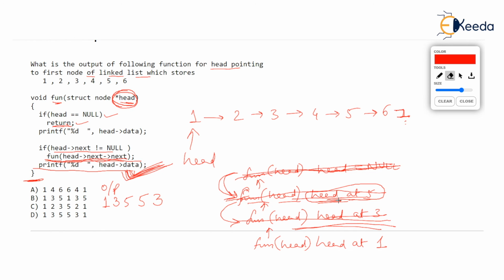And obviously the function that will resume will be fun head with head at 1. Obviously it will resume with the last printf, print 1, and then end. So the parameter head which was meant for 1 will be destroyed. So the output which matches with the options given is obviously D.